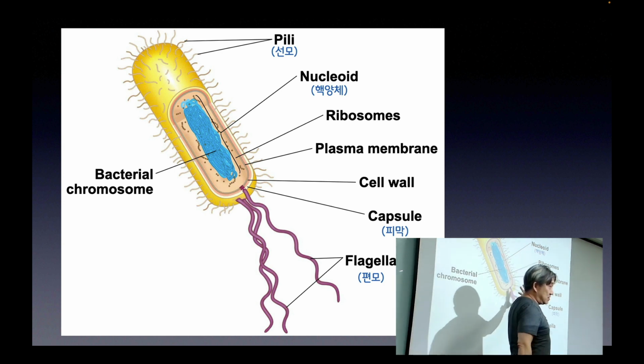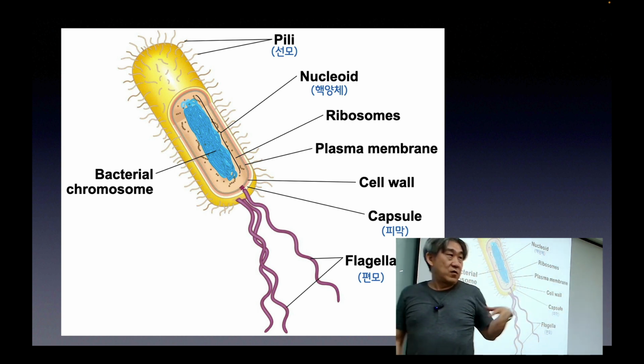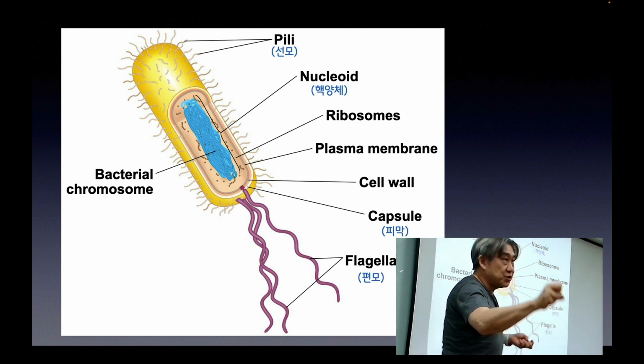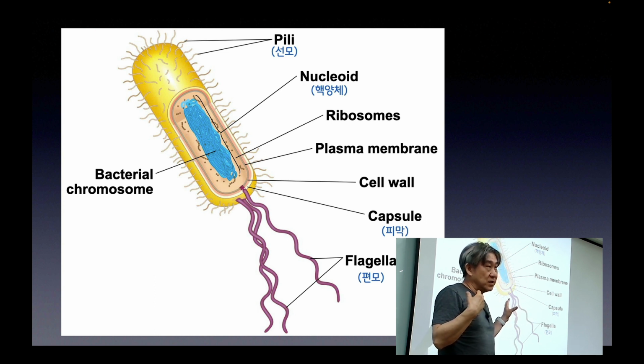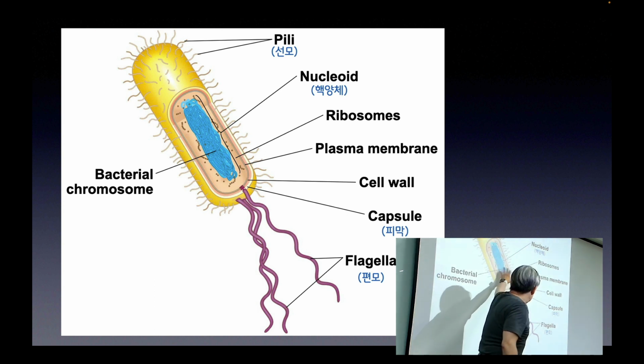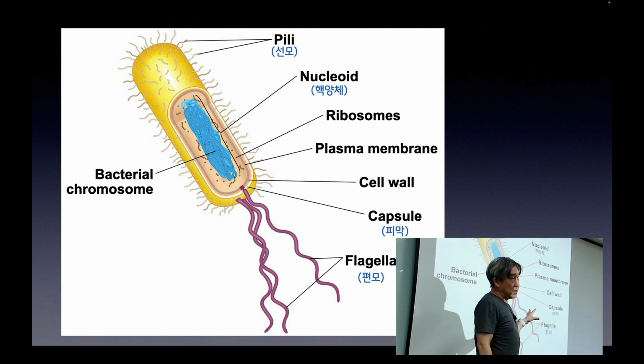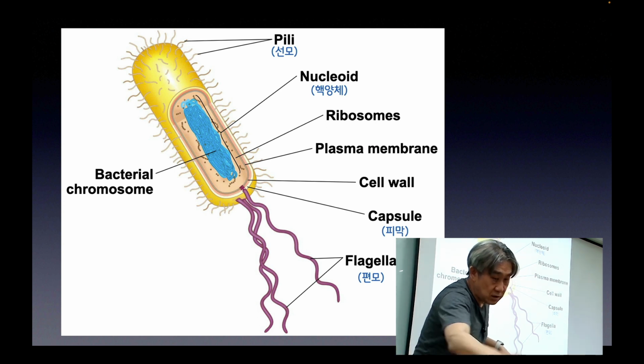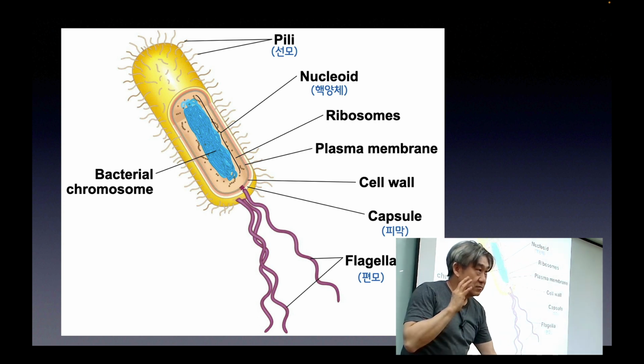But in such cases, this capsule will become a very interfering one for our efficient immune response of capturing and eating those bacteria. Why? Because this capsule will make the surface of this bacteria very slippery. So this white blood cell tries to grab it, and oops, they just drop.